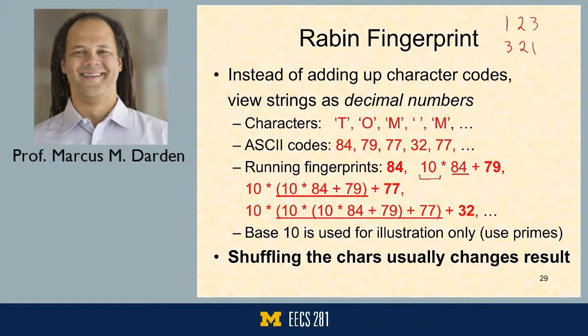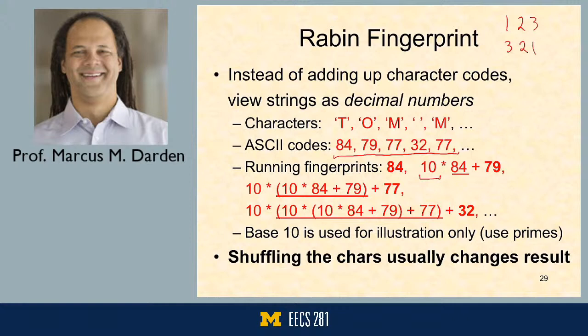And so you can see the ASCII codes for Tom Marvolo Riddle start out like this. It's something like 84, 79, 77, that's TOM. 32, of course, that's our space character. M again is another copy of 77. Rather than just adding those up, I'm going to create this sort of running fingerprint.